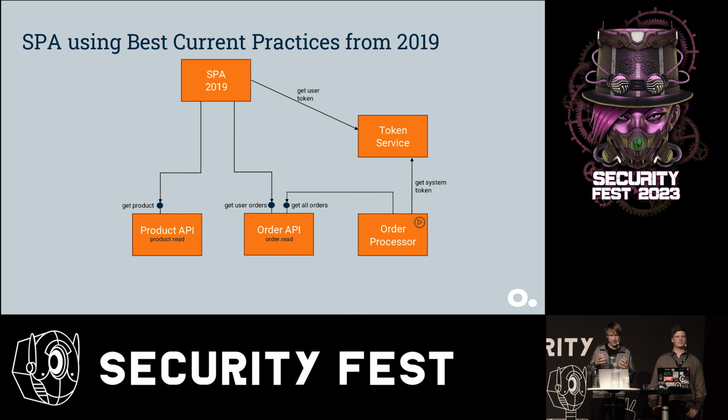The access model for the API here is that the low-privileged logged-in user should be able to get products and get their own orders, but not any other customers' orders. And they should definitely not be able to get all orders using the get all orders endpoint, which is meant for the order processor, a system integration. So keep that access model in your mind when we look at the demo later.